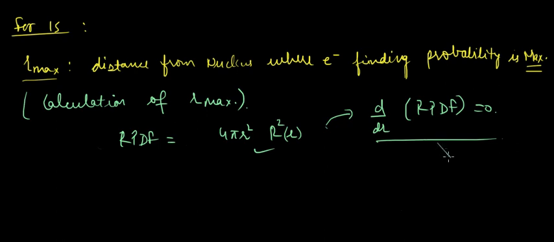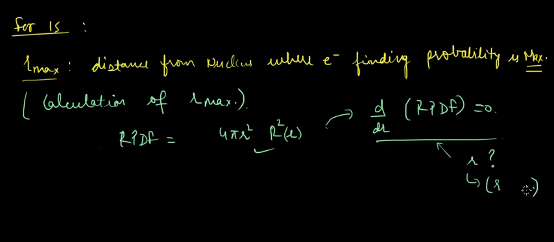So we need to find the R where d by dr of RPDF goes to 0, hence implying that RPDF would be maximum there. At what value of R is this possible? This R would be nothing but Rmax.